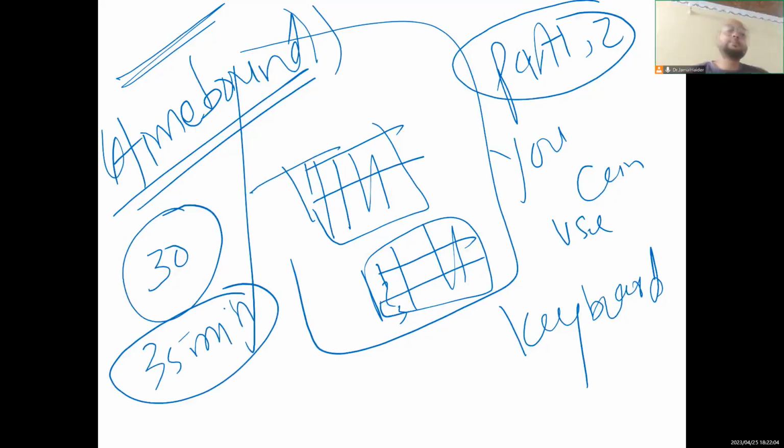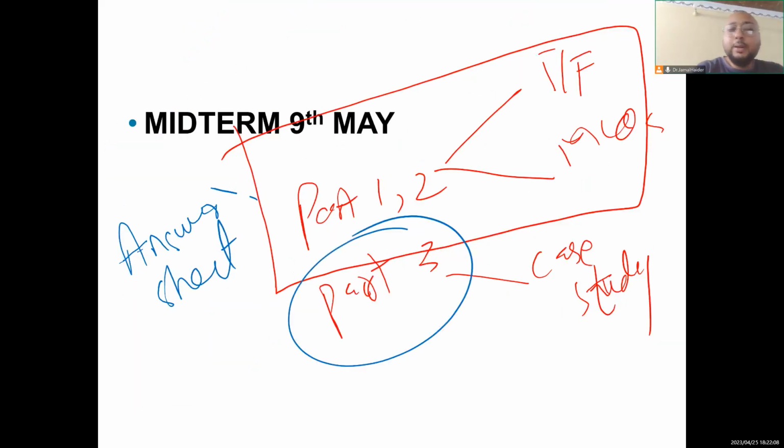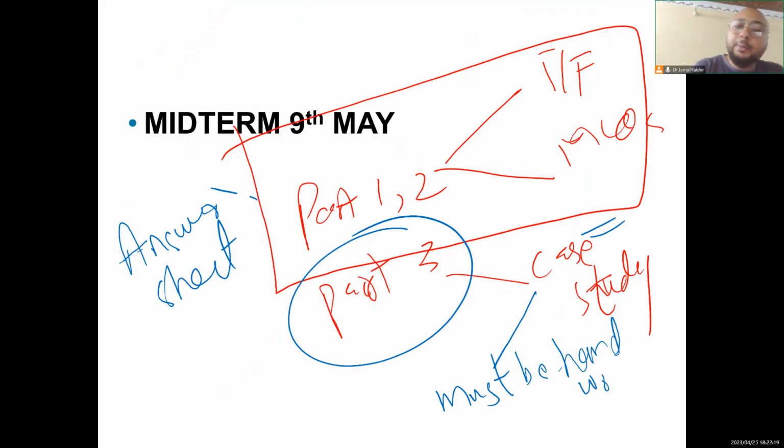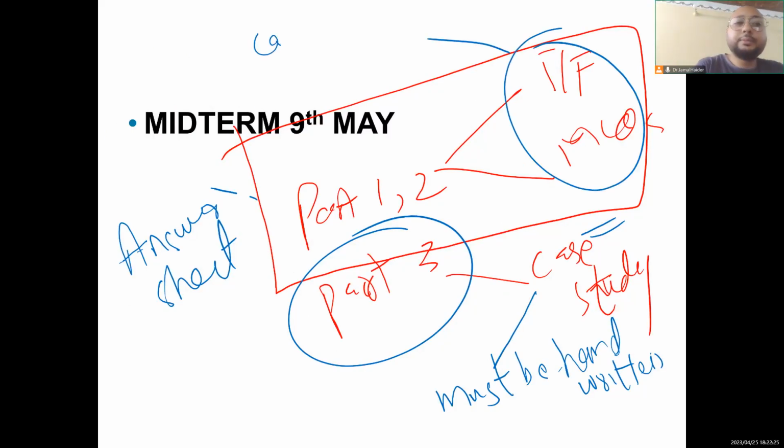All right, and for part 3, I would be giving you enough time so that you can solve the case study, and that would be handwritten. Must be handwritten like the assignment. All right, it can be keyboard type answers here.